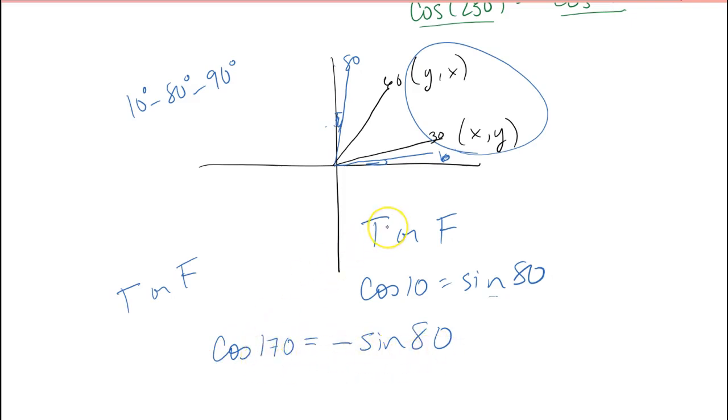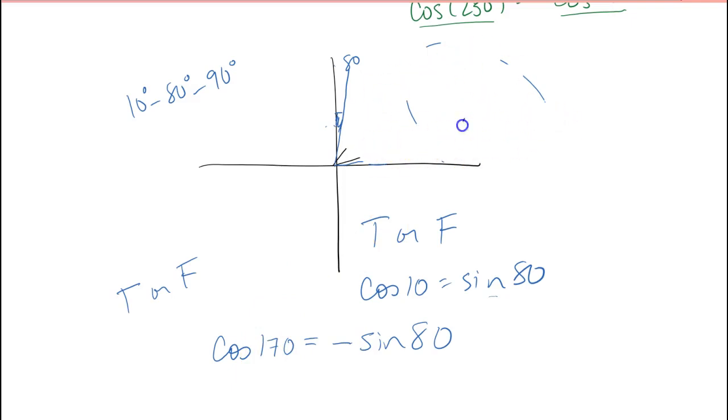All right, 170 and 80, if I drew them, they are not in the same quadrant, and that might confuse some people, but this is why we use reference angles. 170 is here, 80 is here, okay? How far is this from the x? Well, it would be 10 degrees, right? So its reference angle would be 10 degrees. These are kind of like matchy-matchy, so it's almost like the question I did a second ago.